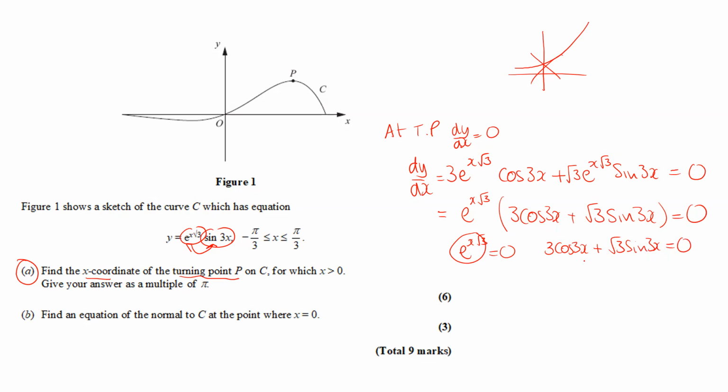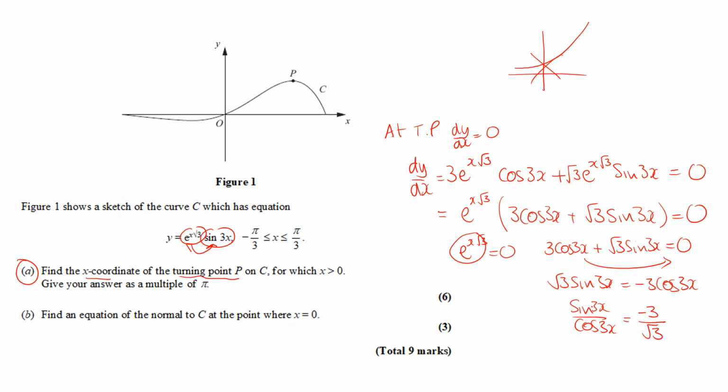And what will we do here? Maybe take that to the other side and get root 3 sine 3x is equal to minus 3 cos 3x. And then we're just going to cross multiply, get sine 3x over cos 3x is equal to minus 3 over root 3.